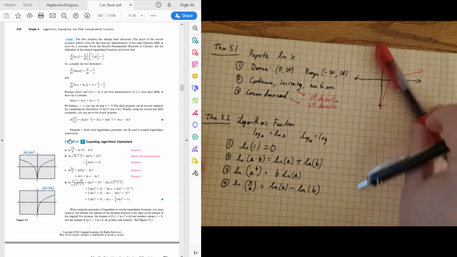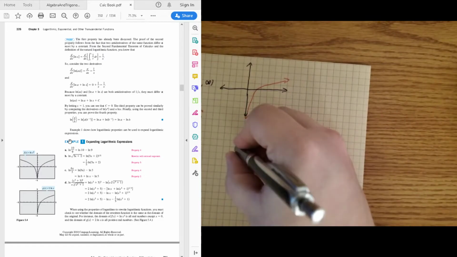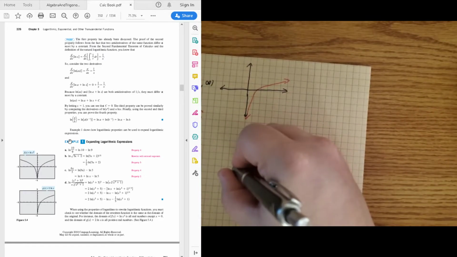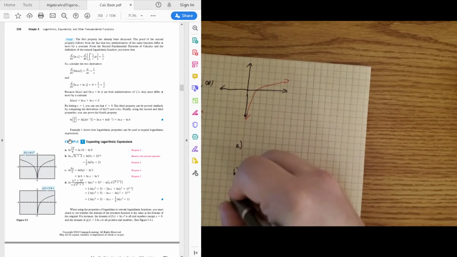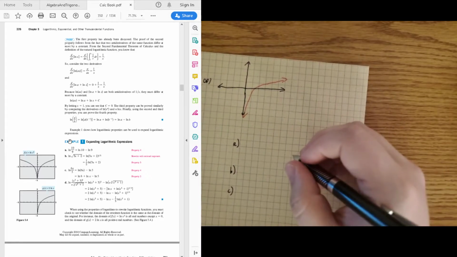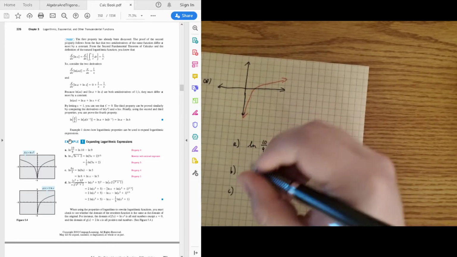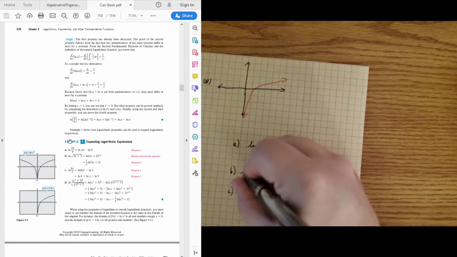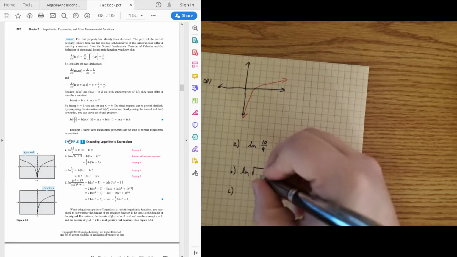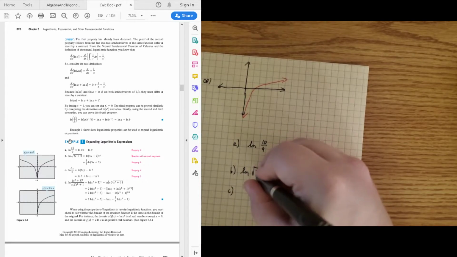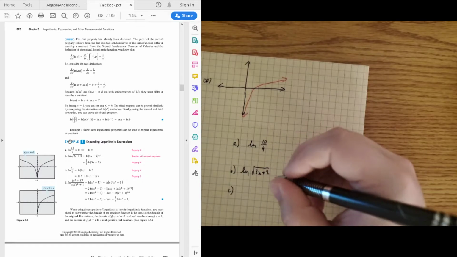So let's do the 3 examples we have in the text, and I'll pull another one from the book afterwards, from the homework section. All right, so ln of 10 over 9 is our first example. Ln of the square root of 3x plus 2 as our second example.